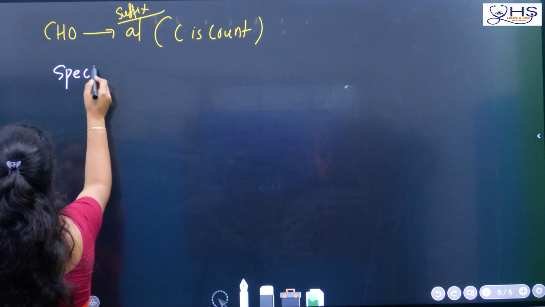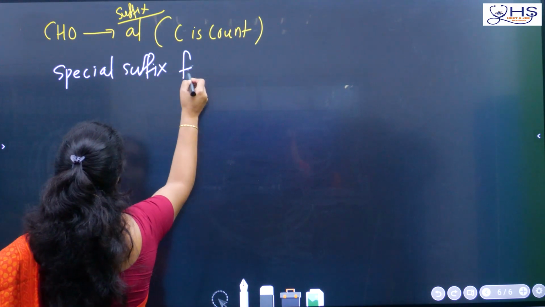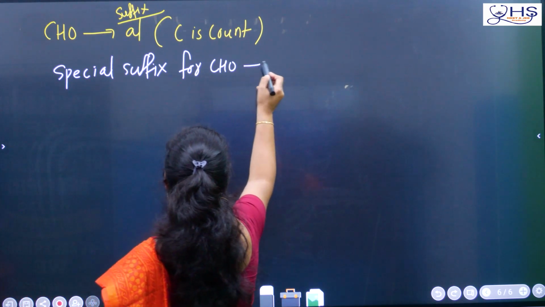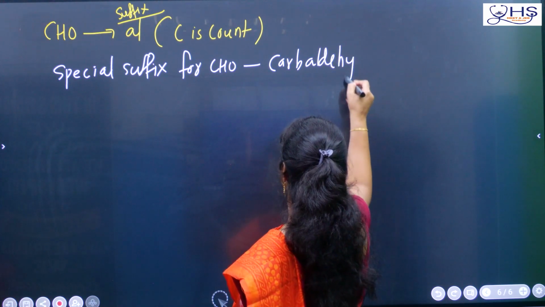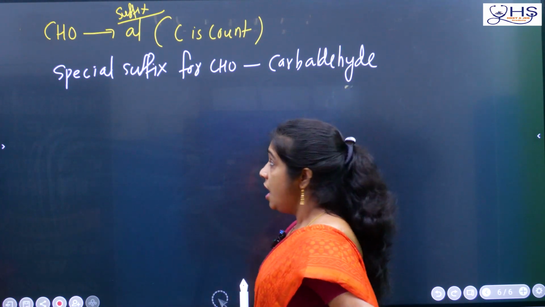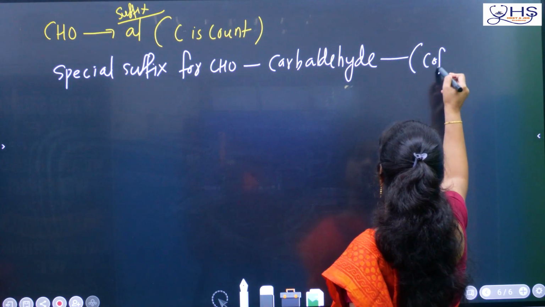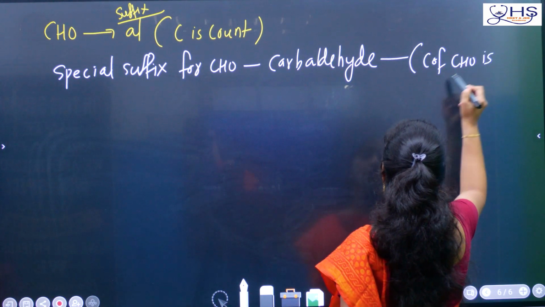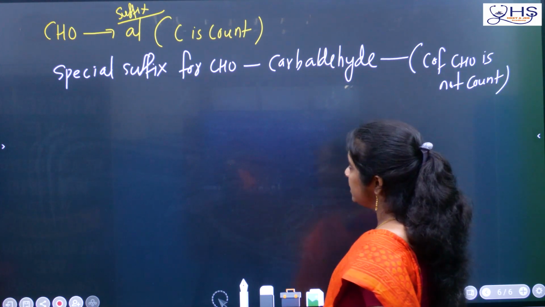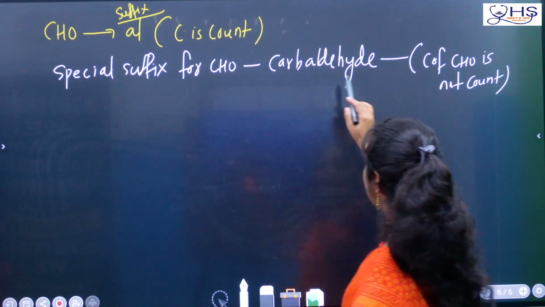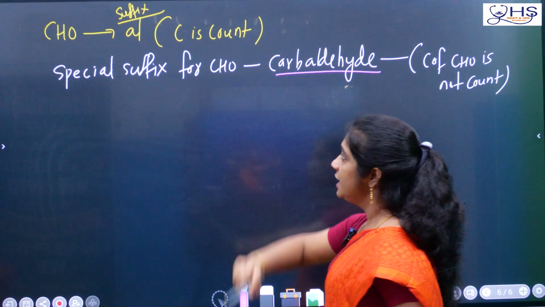The special suffix for CHO is carbaldehyde. When we use the special suffix, the carbon of CHO is not counted. When the carbon is not counted, we use the suffix carbaldehyde. When the carbon is counted, we use the suffix -al.